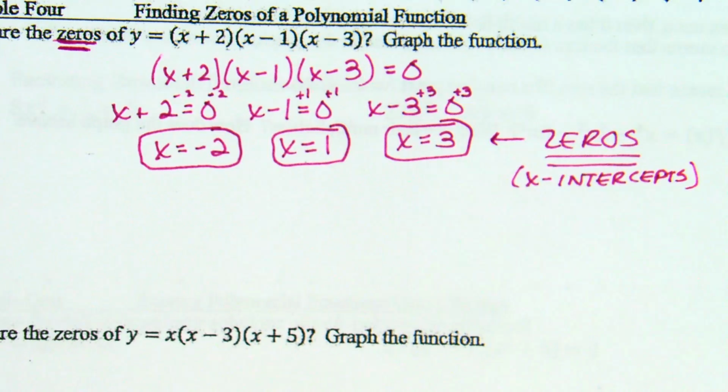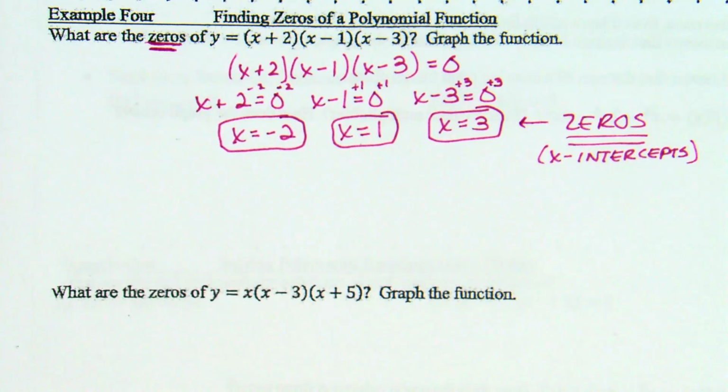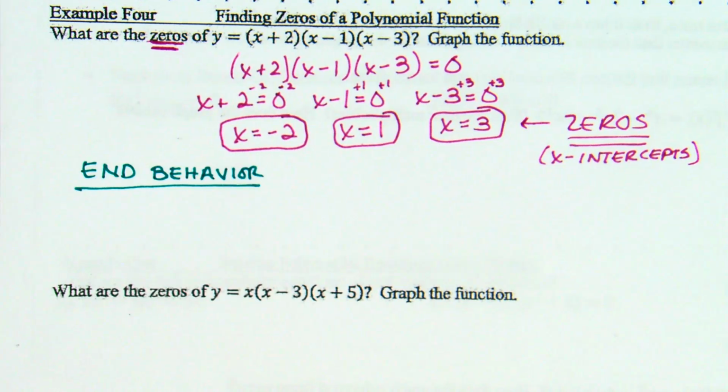Now, think back to yesterday and end behavior. Before we sketch this graph, I want to talk about end behavior. What did we have to know to determine end behavior on yesterday's homework? Kendra? If A was positive or negative, and if the power was even or odd.